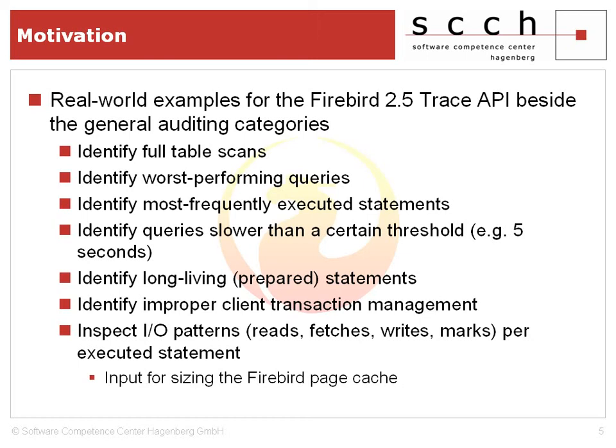With Firebird you have to take care, as a developer, in your client application to have proper client transaction management, so that all those active transactions can move forward. So what the Trace API allows you here is to trace what kind of transaction, if you're using, for instance, commit retaining or rollback retaining or something like that, you can capture this as well, and you probably are able to spot a faulty client transaction management here.